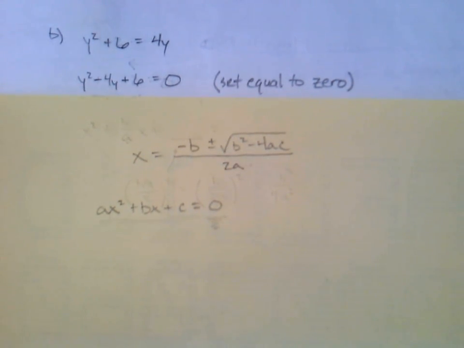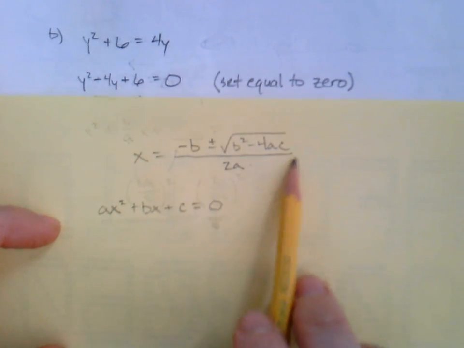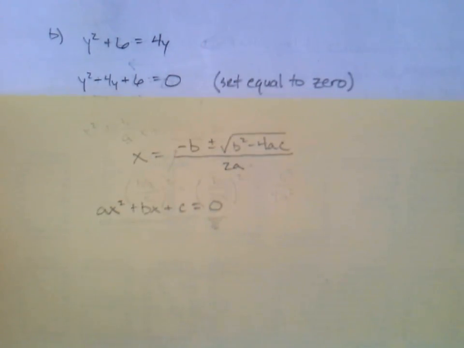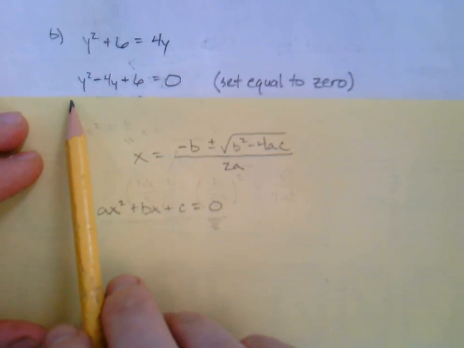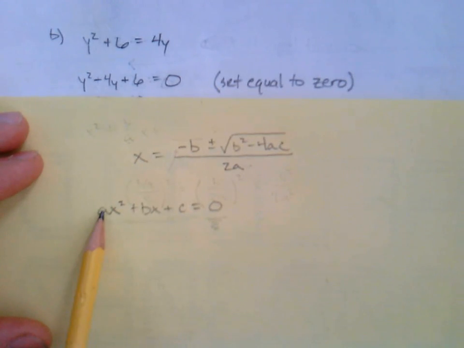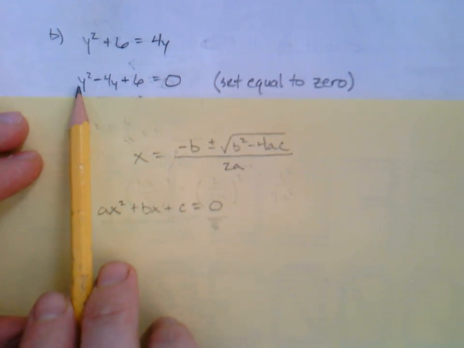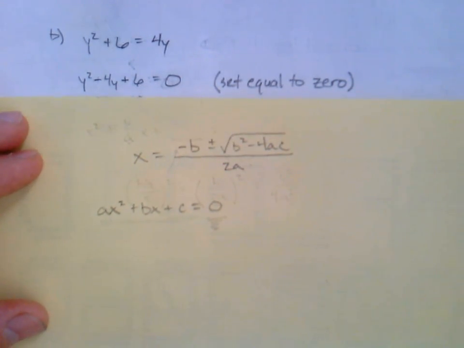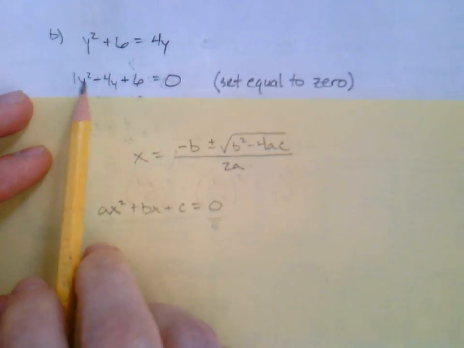Okay, like in the last example, before we jump into the formula, I recommend writing out the values of A, B, and C. So a couple things a little different here. For one thing, what's the value of A? What number appears in front of y squared? And it's got to be a 1, right? It's like 1y squared.